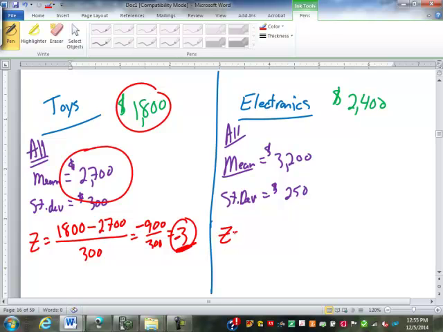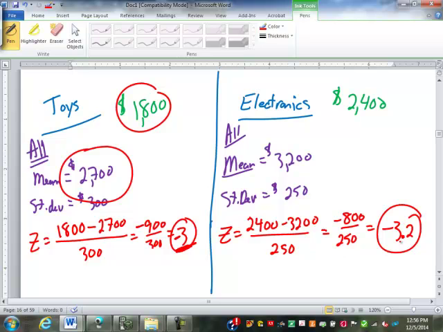Let's do this one. Z equals 2,400 minus 3,200 over 250. 24 minus 32 is a negative 800, divided by 250 is a negative 3.2. This person was 3.2 standard deviations below the mean. Who is worse? The electronics person is gone. They are more standard deviations below the mean than the person in toys.